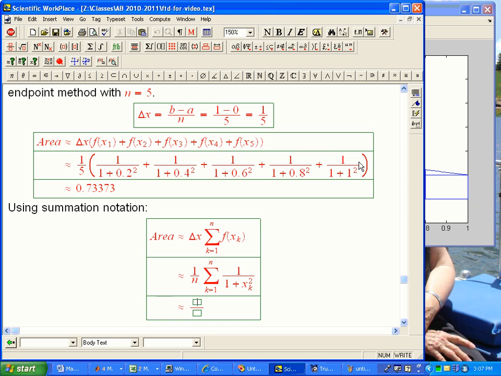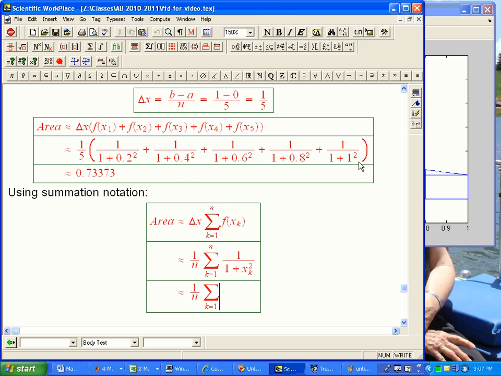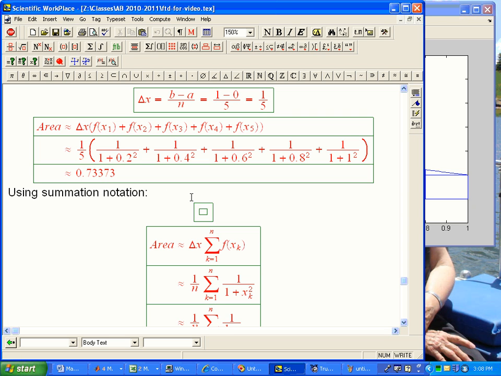Can we be a little bit more explicit? Well, yes, we can. So this is just taking this idea of a sum of a pattern, turning it into the summation symbol. We saw that it's 1 over 1 plus all these xk's squared. Okay. And then we just need to be more explicit about what the pattern of the xk's was. Let's squeeze that in up here.